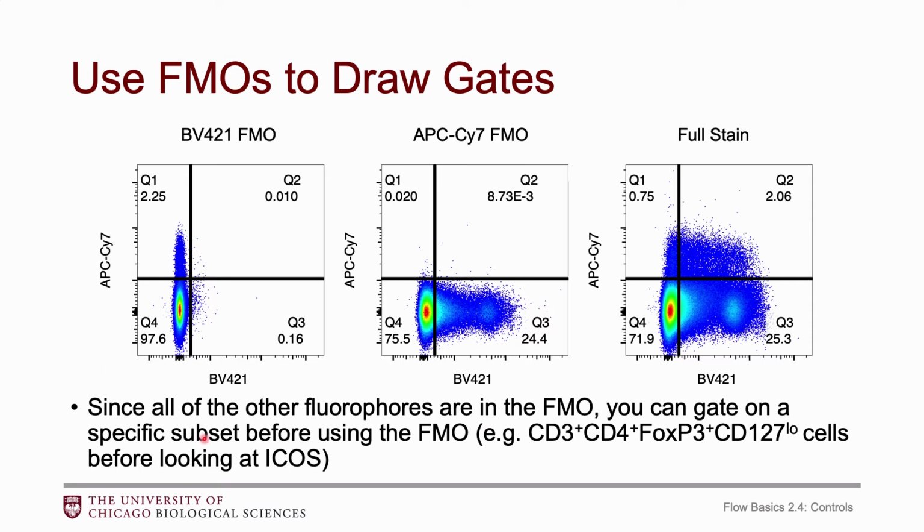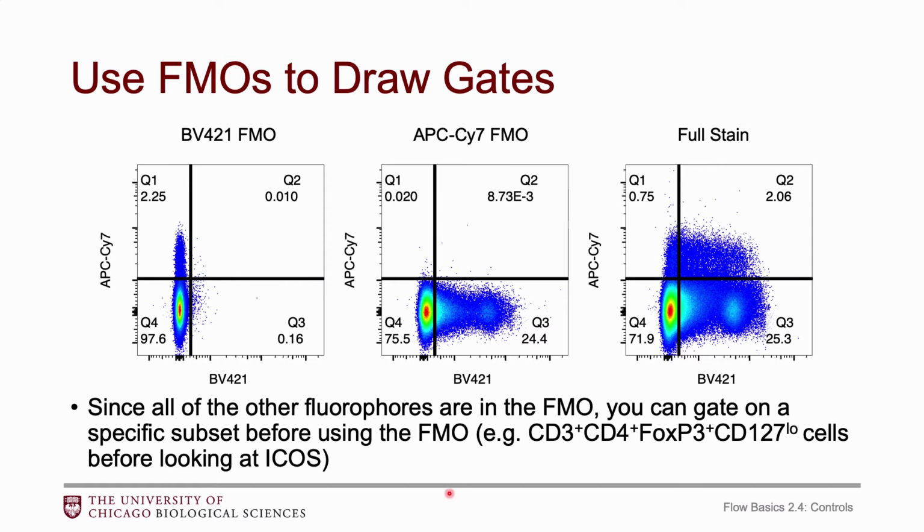Now here's another example of how you might use FMOs to draw gates. If we have two colors plotted against each other and we have two FMOs, we apply these gates to the FMOs and then apply the exact same gate to our full stain sample, and you can see now we can determine what is positive and what is negative.